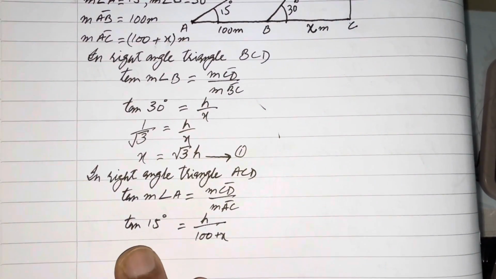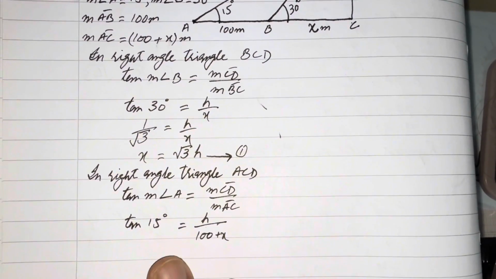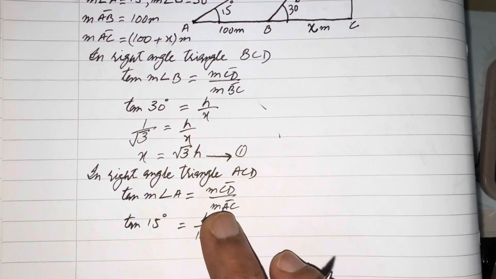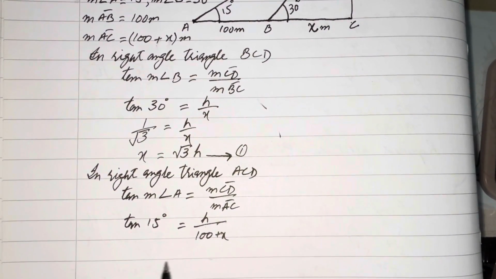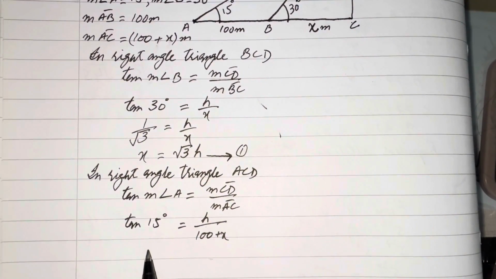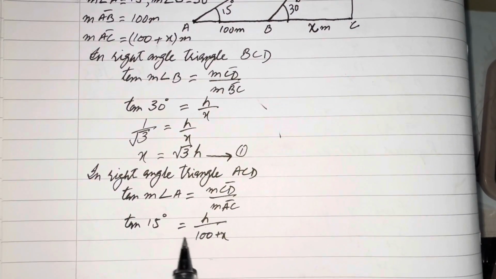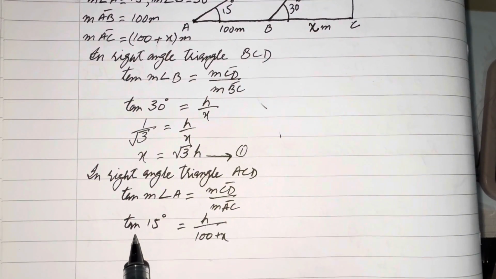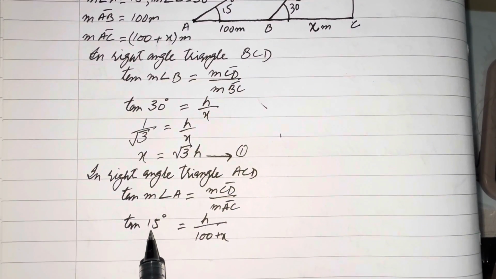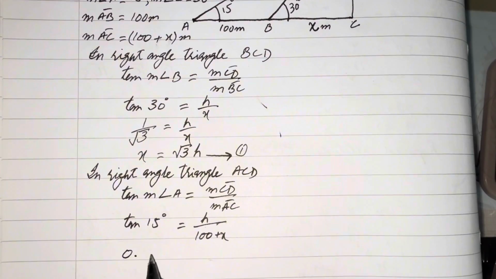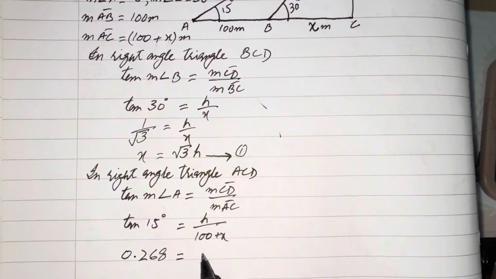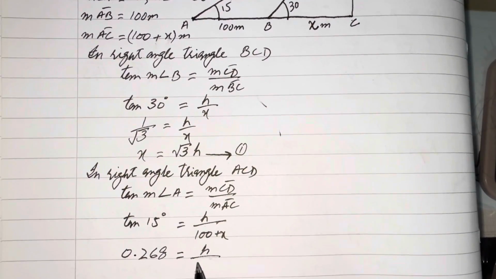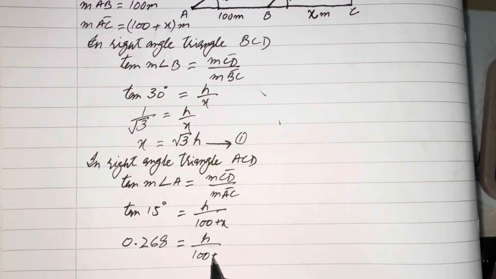So tangent 15 equals h over 100 plus x. In our next step, we are going to simplify this equation. If you use the calculator to find the value of tangent 15, it becomes 0.268, which equals h over 100 plus x.